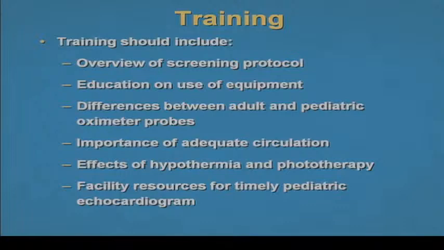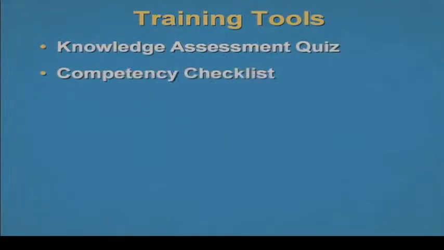It should also include education on the use of the equipment, differences between adult and pediatric oximeter probes, the importance of adequate circulation, effects of hyperthermia and phototherapy on the newborn, and then finally, facility resources or procedures for timely pediatric echocardiogram. So there are some training tools included in the hospital guidelines, and it includes a knowledge assessment quiz and a competency checklist.